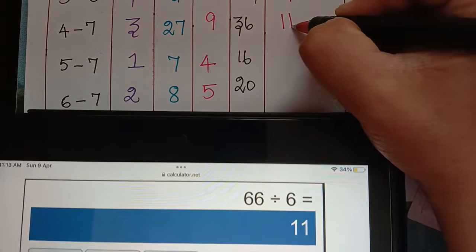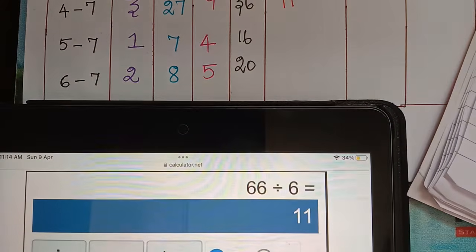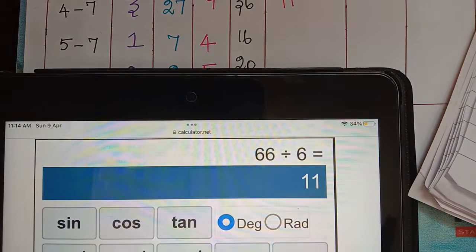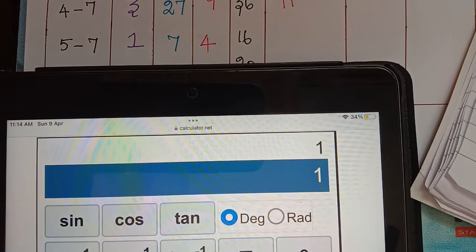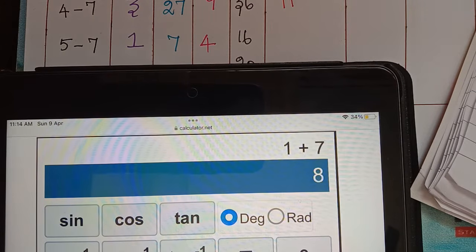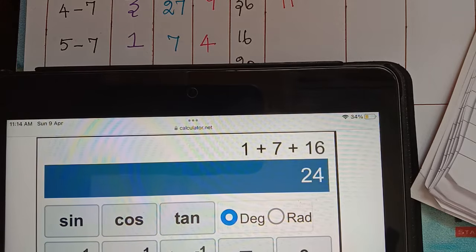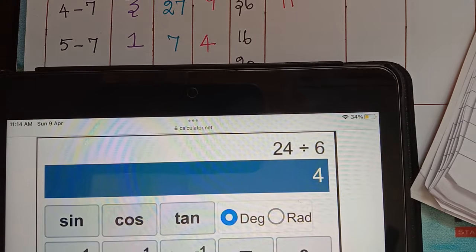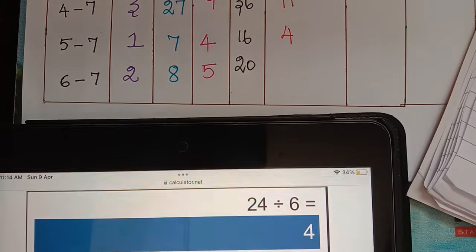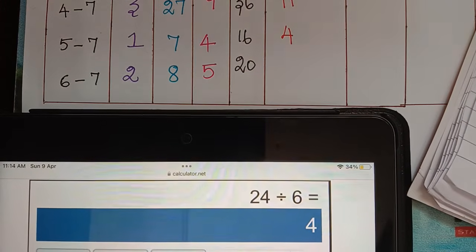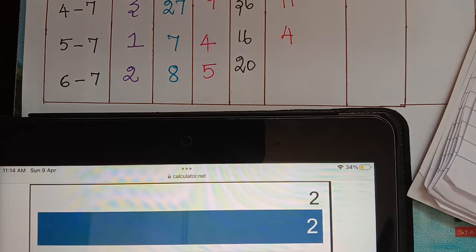In a similar way, for the activity 5 to 7, we have 1 plus 7 plus 16 equals 24, and divided by 6 gives us 4. And finally we have the activity 6 to 7, for which it is 2 plus 8 plus 20 equals 30, and divided by 6 is 5.